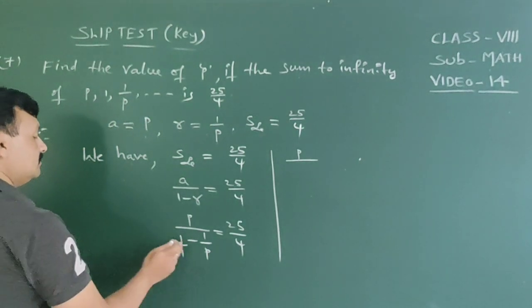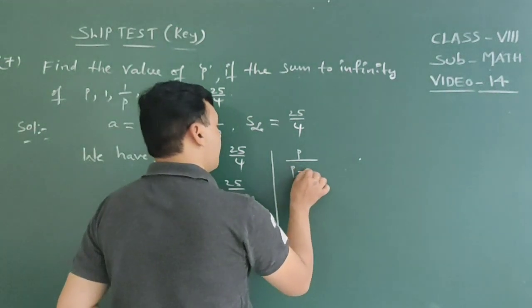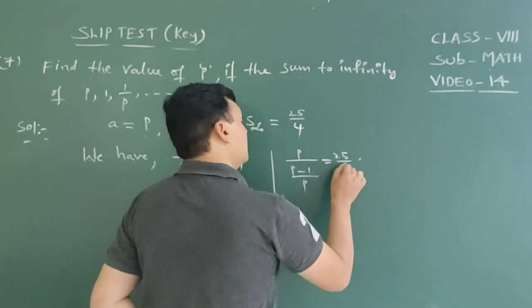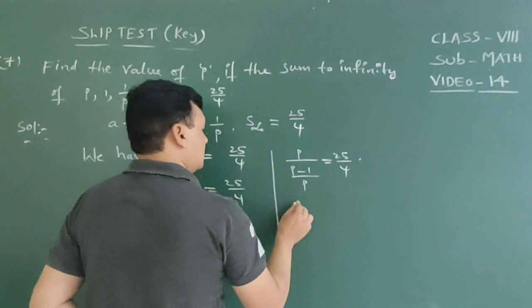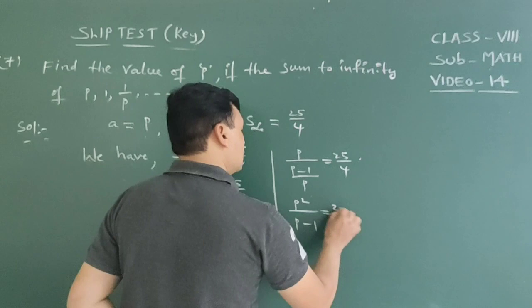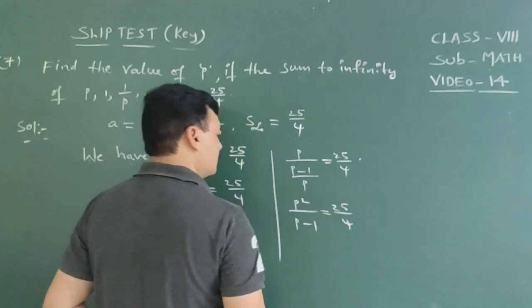Here LCM, p minus 1 by p equal to 25 by 4. So p square by p minus 1 equal to 25 by 4.